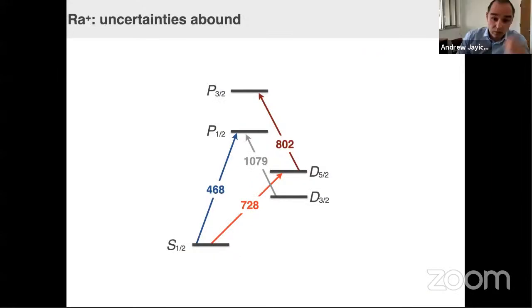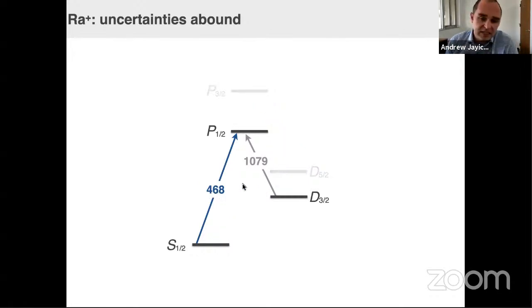Cool. Okay, so here's what the level structure of the radium ion looks like. These are all nice diode lasers. I point out that the 468 nanometer light used for laser cooling is relatively far from the blue, which is nice. For laser cooling, you only need to drive these two transitions.